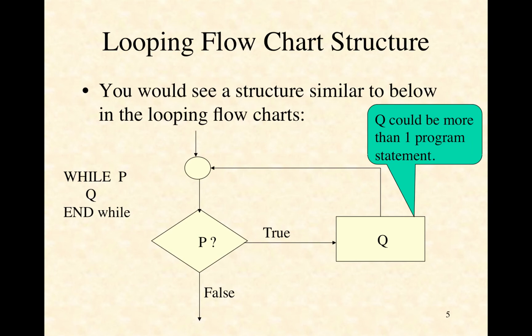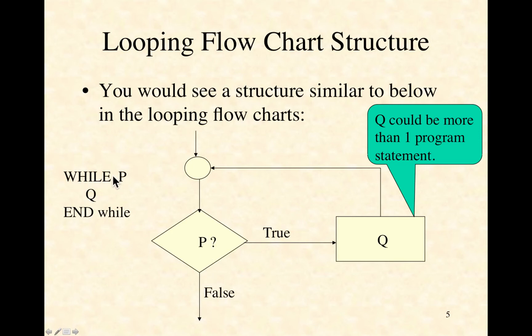Okay, this is the generic flowchart. We test a certain condition P. If the condition is true, then we do a group of tasks or statements called Q. But at some point when condition P is false, then we exit the loop.